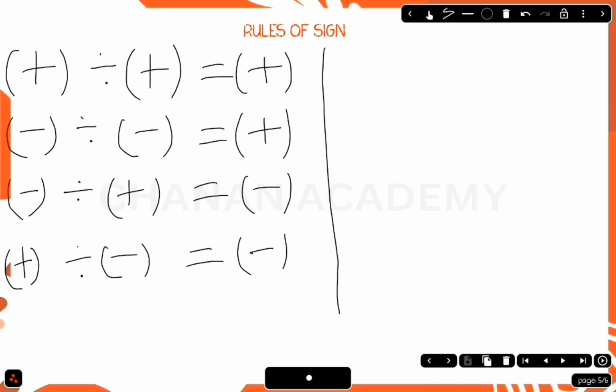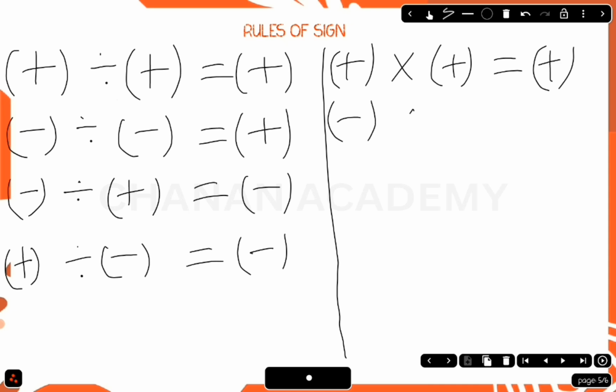Let's do the one for multiplication. So addition multiplies addition. The result is addition. Subtraction multiplies subtraction, that's negative. The result is addition.